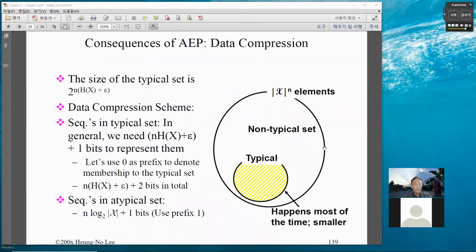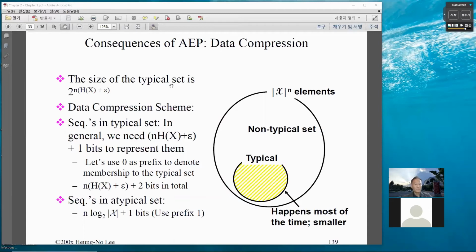So from the examples I have given you so far, we can think about the consequences of AEP. Basically, we can do some data compression.